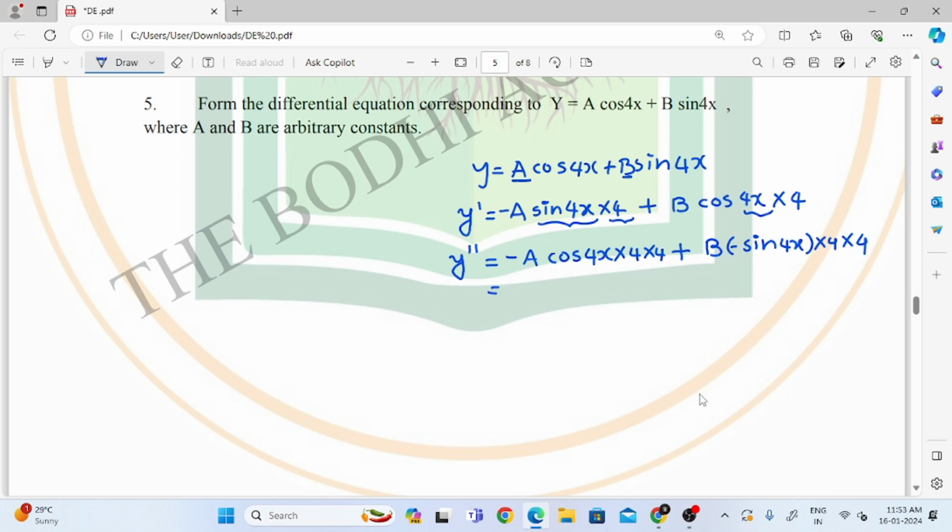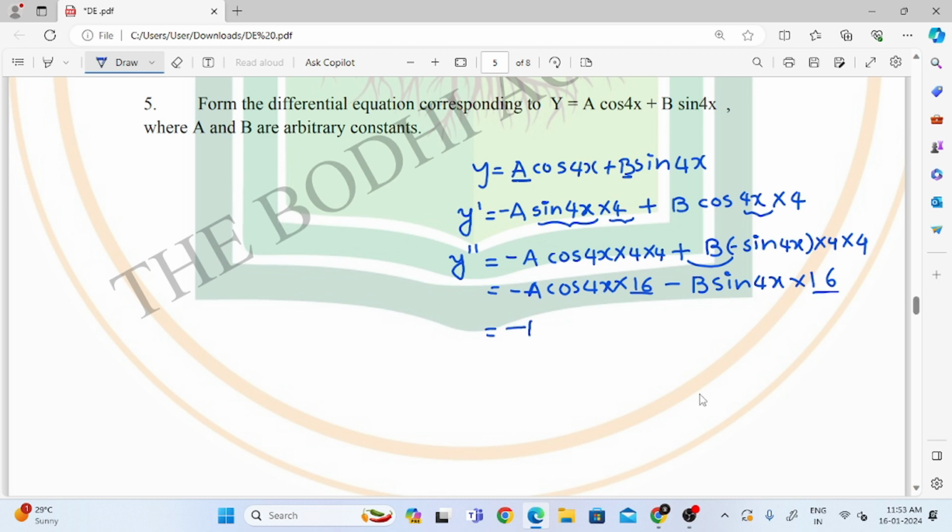Now let's simplify. Minus a cos 4x into 4 into 4, that is 16, and plus into minus, that is minus b sin 4x into 4 into 4, that is 16. In both terms we can take minus 16 common outside.